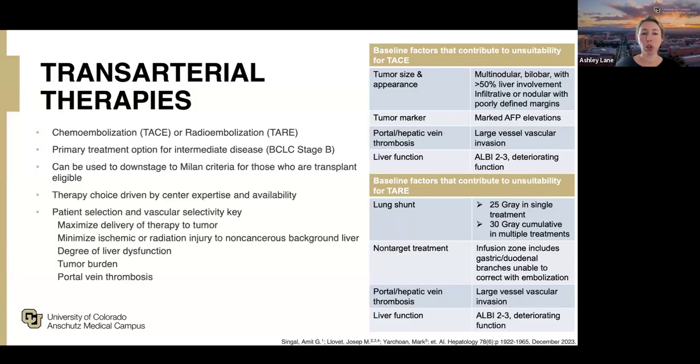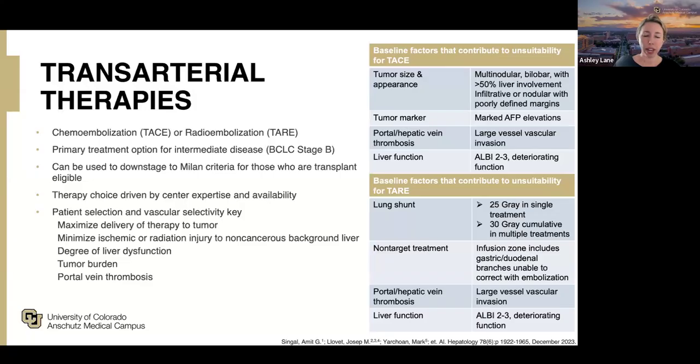We take into account their degree of liver dysfunction. So will they be able to tolerate treatment, so treating the tumor, but also taking out a little bit of that background liver as well. So if they don't have decently functioning baseline liver status, then it could become an issue. We also take into account, obviously, their degree of tumor burden. Do we feel like we could adequately treat the tumor with local regional therapy without hurting them?